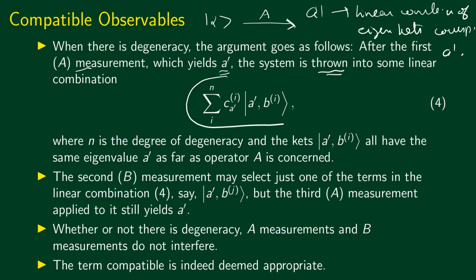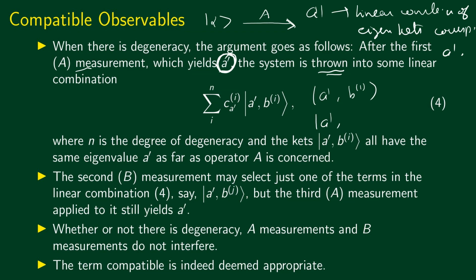So we can write the state after the first measurement. Let's say that we got a measurement result A prime. Then the state after measurement is a linear combination of all the eigenkets corresponding to this eigenvalue. These eigenkets can be labeled by the eigenvalues of a different, compatible operator. Let's say that these are labeled by Bi. We have got A prime B1, that is one ket with eigenvalue A prime.